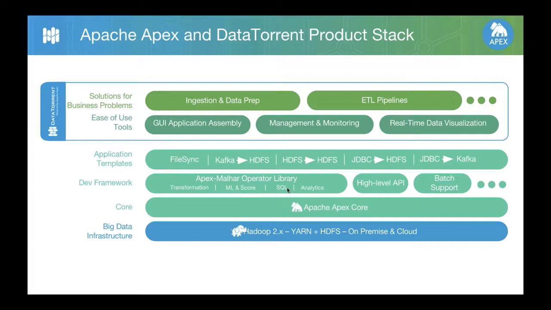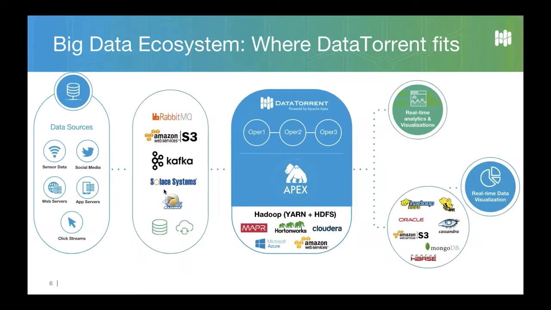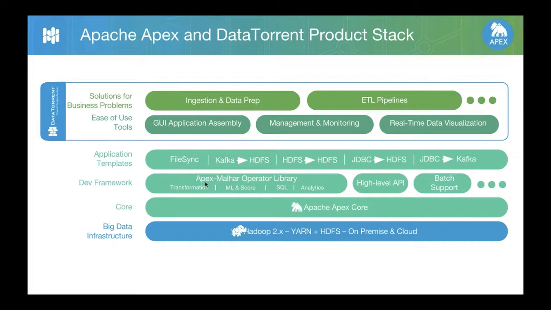We have support for ML operators, for SQL operators, for some analytics operators, for transformations like reading from CSV files or JSON files, and many other things, as well as writing to many of these systems. So using these operators, as well as if required, by making use of the high-level API for building operators, we can write our own application.